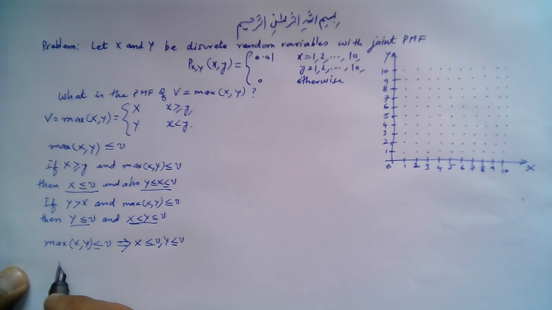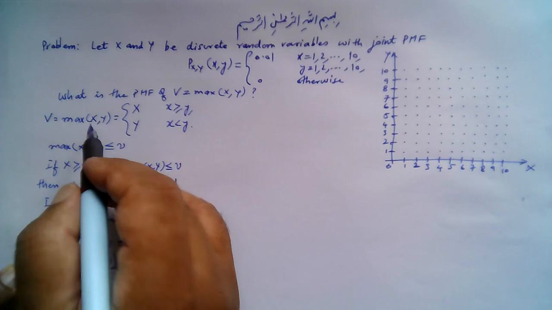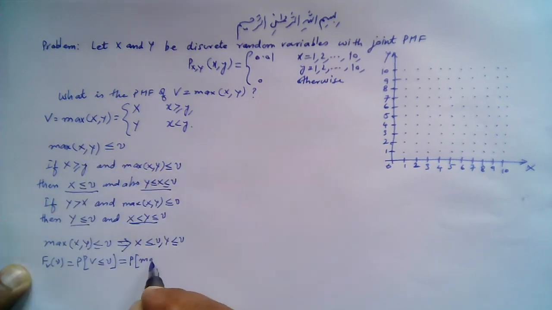So the CDF of V, F_V(v), is given by the probability that V is less than or equal to v, right? So V is equal to max(x, y). So we write max(x, y) here instead of V, and that is less than or equal to small v, right?